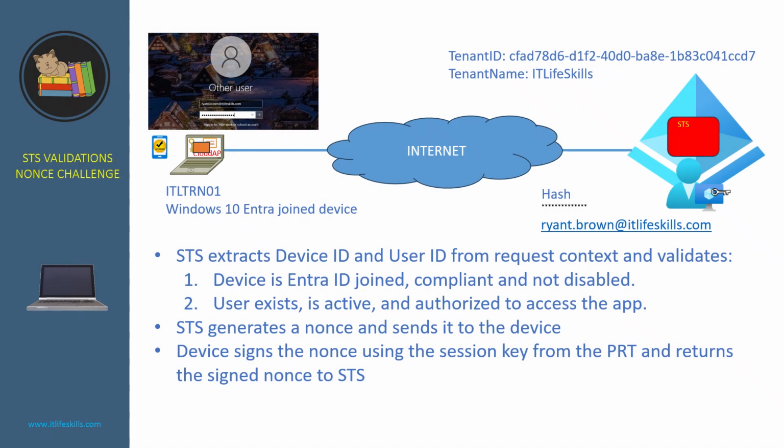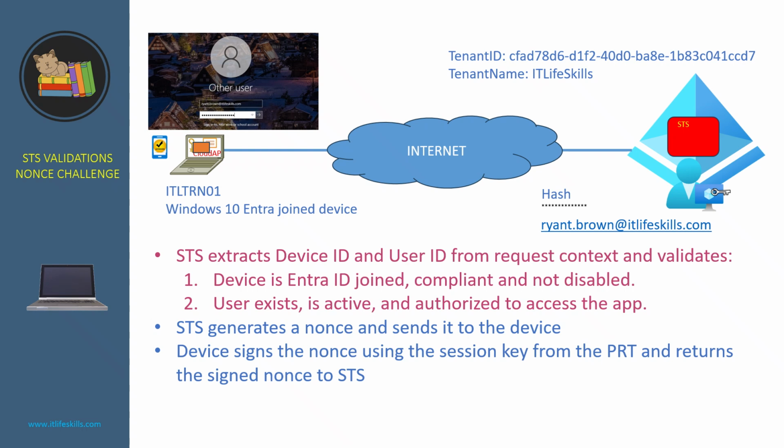Upon receiving the app access token request, STS in Entra ID extracts the device ID and user ID from the request context and validates that the device is Entra ID joined, compliant, and not disabled, and that the user exists, is active, and is authorized to access the app.